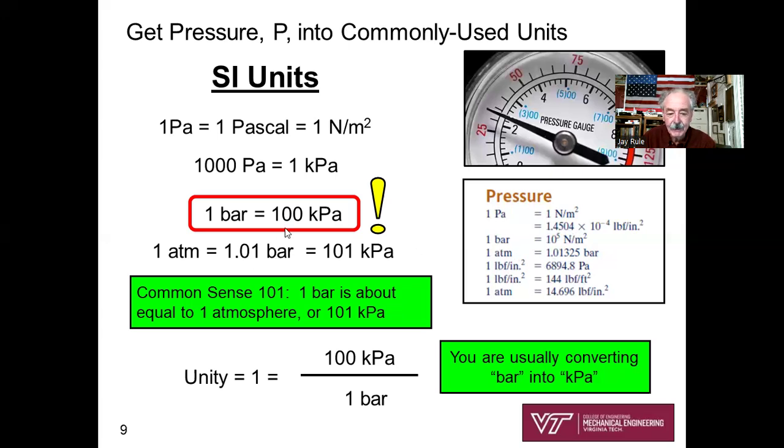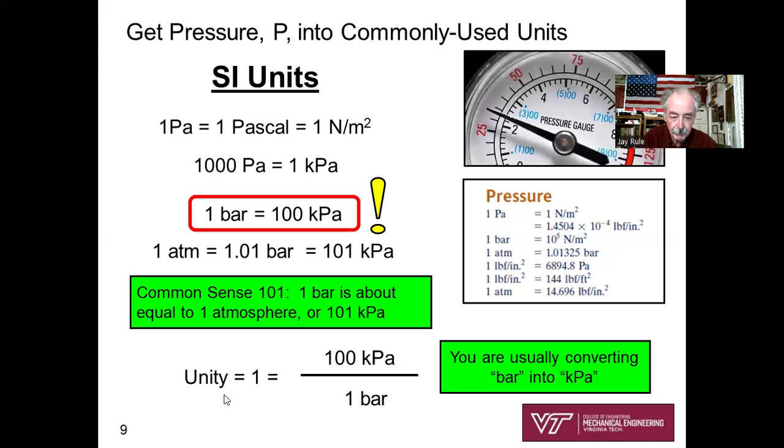And let's see. Oh, this was really important. I can't stress this enough. When you see a pressure given in bars, 1 bar, simply move that decimal place over twice to get kPa. Look at that relationship. So that's what reminded me, 1.01 bars is simply 101 kPa.